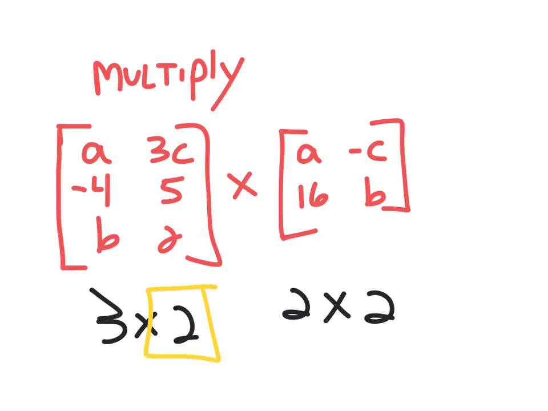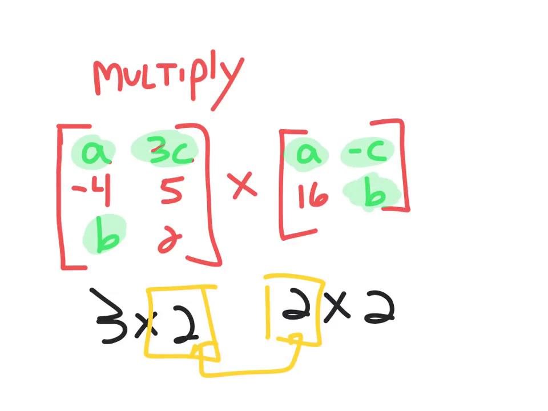The number of columns of the first does match the number of rows of the second, but if you notice in these matrices, you have variables, and you're not going to be able to type in variables into your calculator. You're going to have to know the process of matrix multiplication, and that's where we're going to pick up in future lessons and videos.